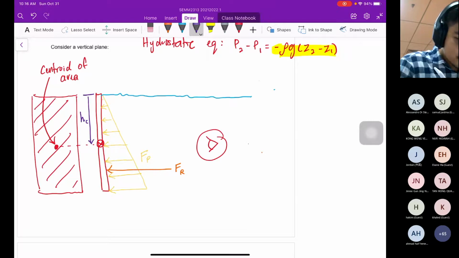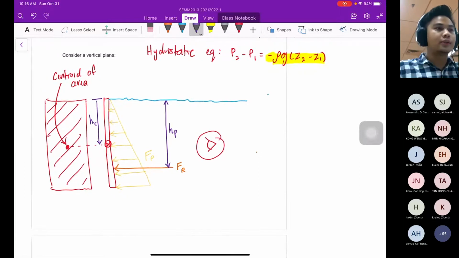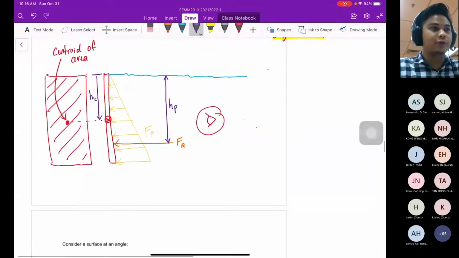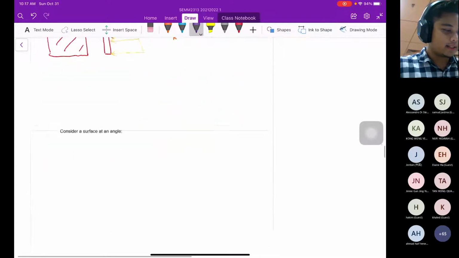From the surface to the resultant force is HP. So far right now you need to understand this concept first. Do you have any questions so far, class? No, doctor. Okay, nice.